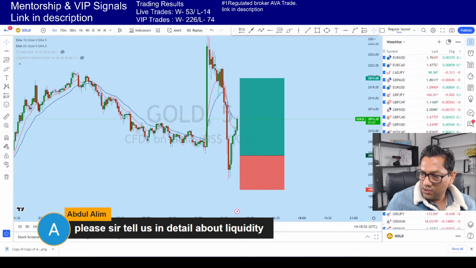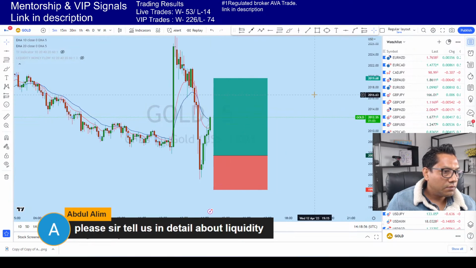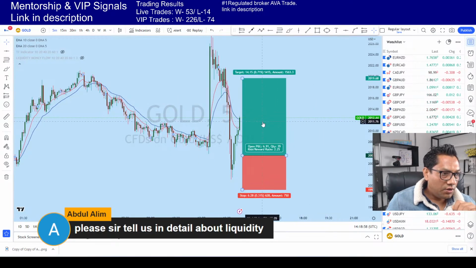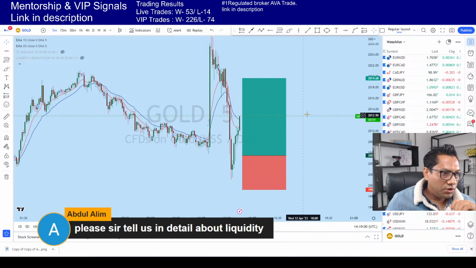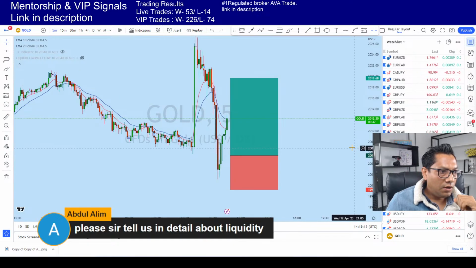Let's see how it does. So hopefully you are enjoying the profit on gold now, which is more than 1 to 1, almost nearly 2 times TP. As you can see, it's a big manipulation to the downside. The price is now going in the direction, and hopefully it will hit our profit zone very soon.